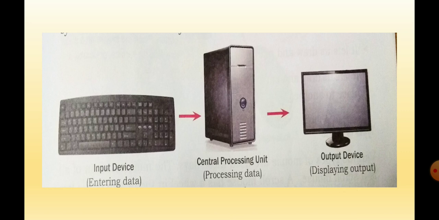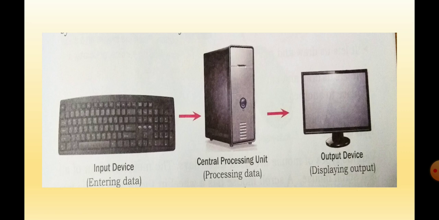So similarly a computer also works in this manner. Input device for entering data, then for processing data we require a CPU, and for displaying the output we require a monitor. We give input with the help of keyboard, mouse. For example, we type something, then it gets processed.